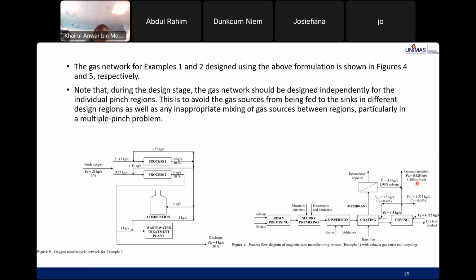So that is for FF. So 1.5 here, 1.5 plus 1.375, F2 1, F2 2. If you add these values, it's actually equal to 2.875, which is the value for above the pinch. Meanwhile, for below the pinch, you need to add 1.375 here.